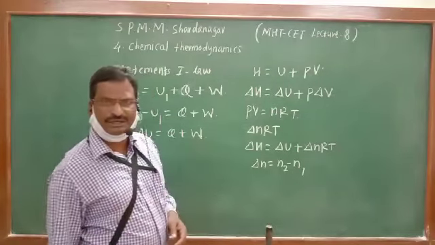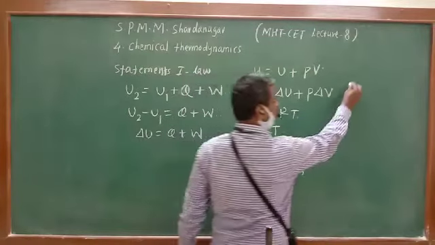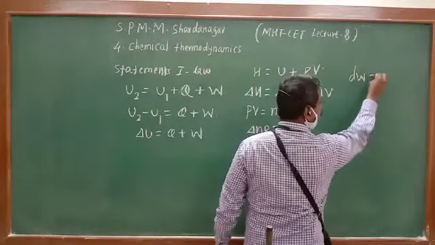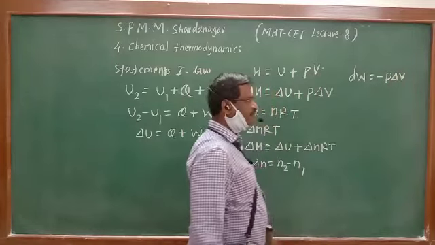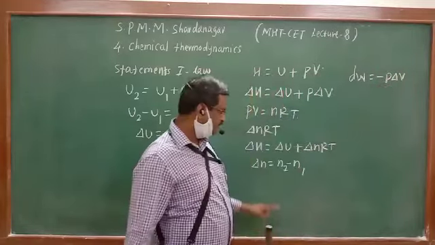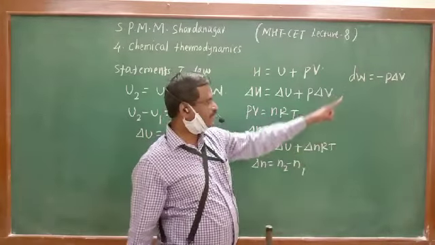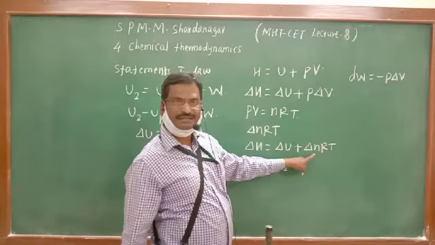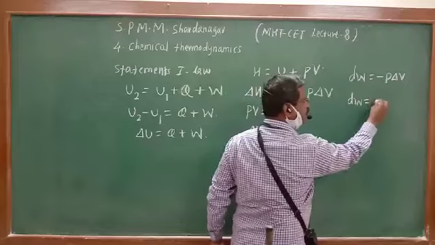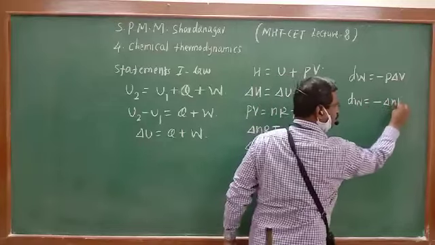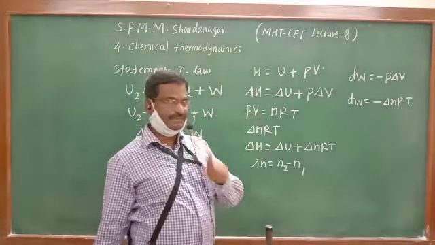One more equation we have studied is for work done during a chemical reaction. Since we know dW is equal to minus P delta V, that P delta V is replaced by delta nRT. So work done during a chemical reaction is equal to minus delta nRT. See the difference.